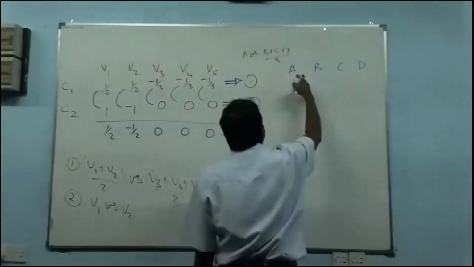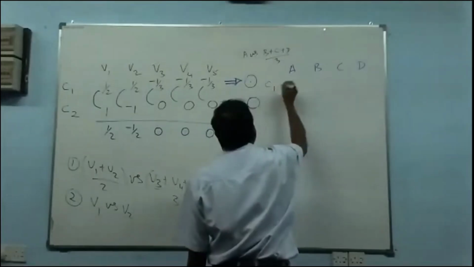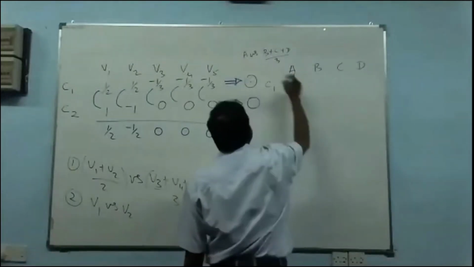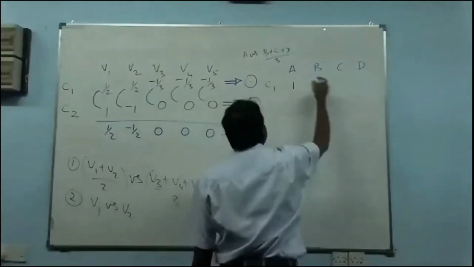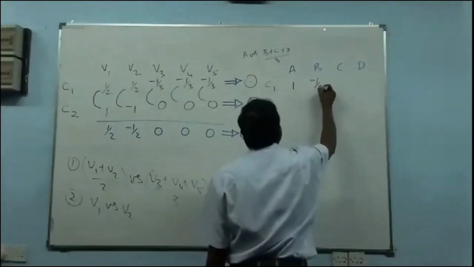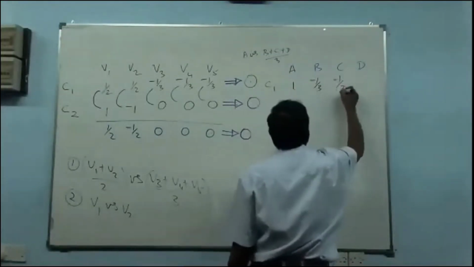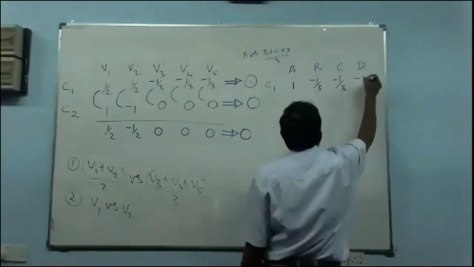So here, in contrast 1, I can put A's coefficient as 1, B as minus 1/3, C as minus 1/3, D as minus 1/3.